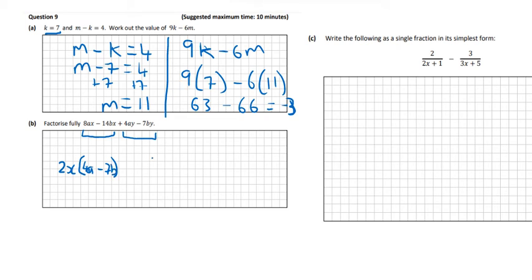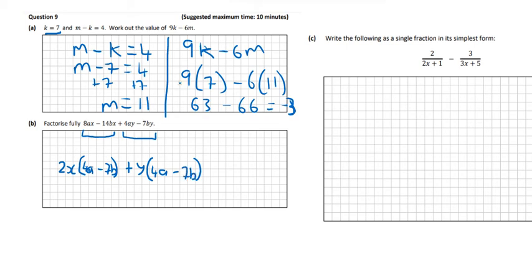And then if we factorize the next two, you can take y out, so just plus y. And when you take y out of 4ay, you're just left with 4a. And then when you take y out of minus 7by, you're left with minus 7b.